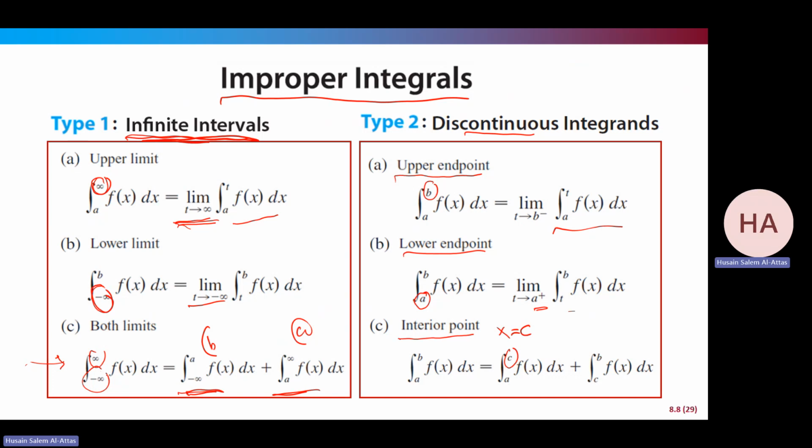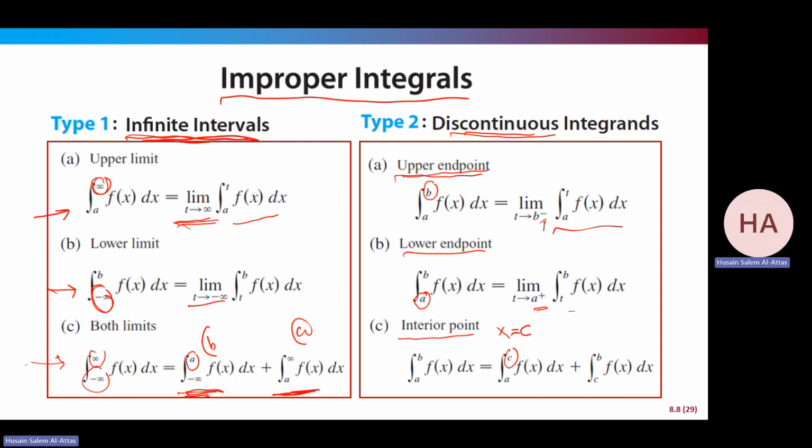If it is from minus infinity to infinity, I will split it into two parts: minus infinity to a value, usually we take a, and then this a to infinity. This one is similar to this, and this one is similar to this one. Now, if I have discontinuous integrands, if there is discontinuity in the upper endpoint, then I will make it t goes to b from left.